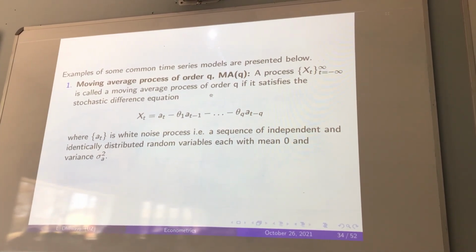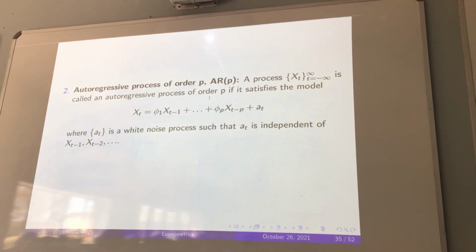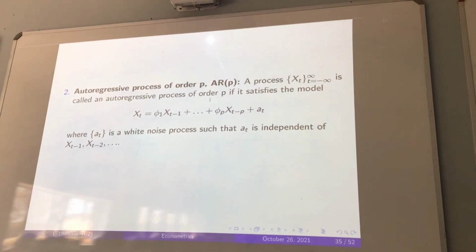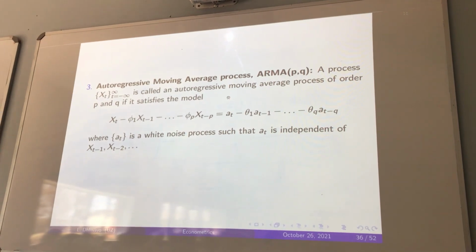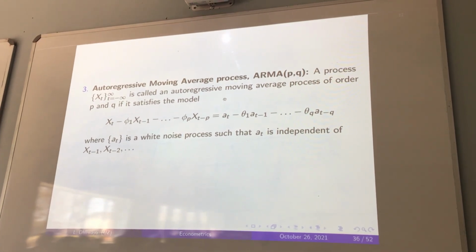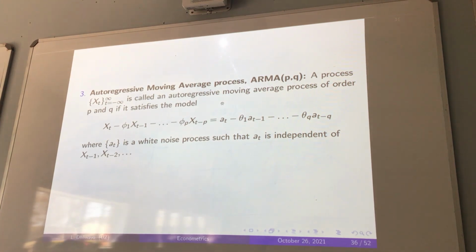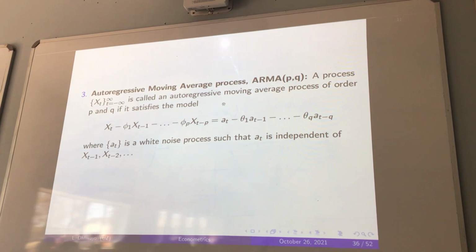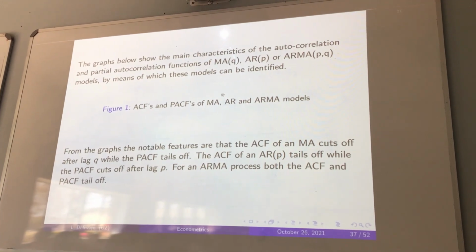Then autoregressive process of order P, AR(P). You still remember? Then autoregressive moving average process ARMA(P,Q). You still remember that? Just say yes. Then that's the PACF, ACF, and so forth.